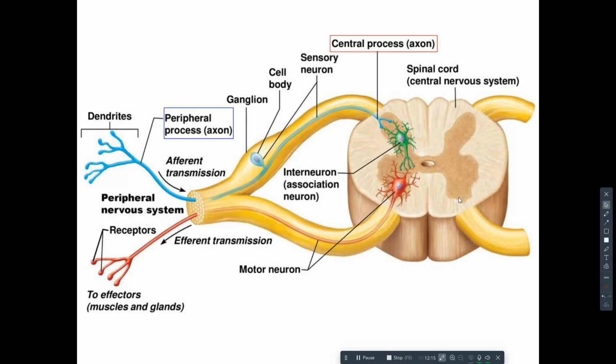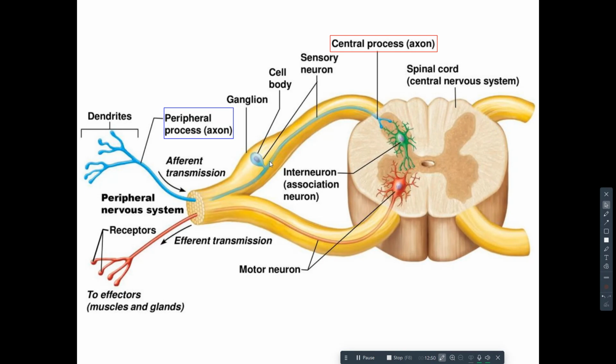All right, here is a spinal cord right here. Here's a multipolar motor neuron with his cell body, his dendrites, his axon. Here's a multipolar interneuron, a neuron between two neurons here. And the blue guy is a sensory neuron. Here are his dendrites fusing together to make his peripheral process of his axon, which goes past the cell body here.